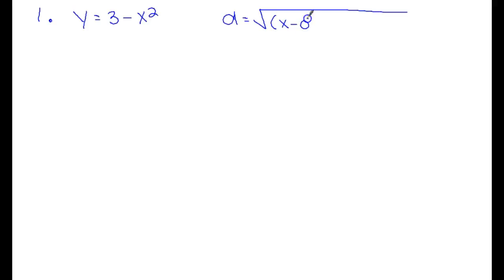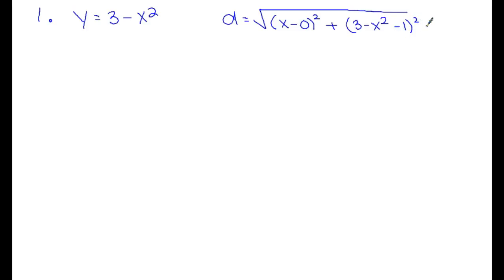So you had x minus 0 squared plus, and then instead of writing the letter y, you put in 3 minus x squared. And then you put in minus 1 squared.